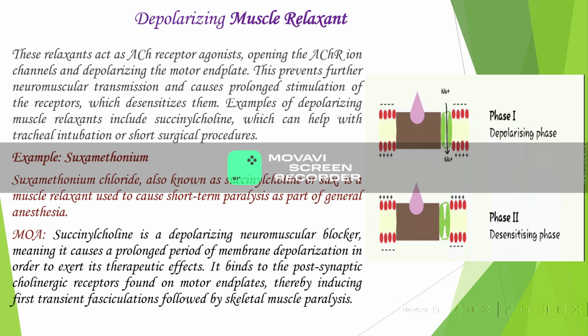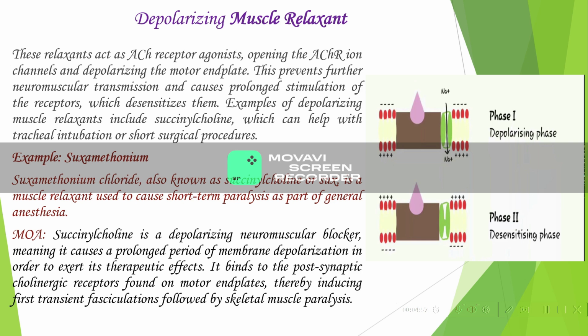Succinylcholine is a depolarizing neuromuscular blocker, meaning it causes a prolonged period of membrane depolarization in order to exert its therapeutic effects. It binds to the postsynaptic cholinergic receptor found on the motor end plate, thereby inducing first transient fasciculation followed by skeletal muscle paralysis.